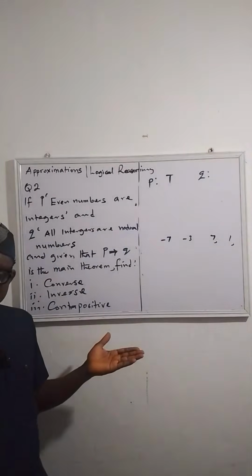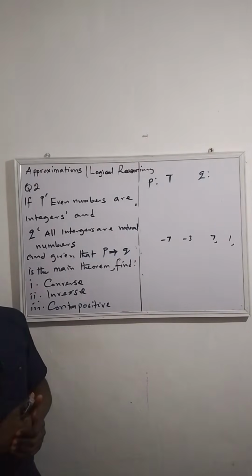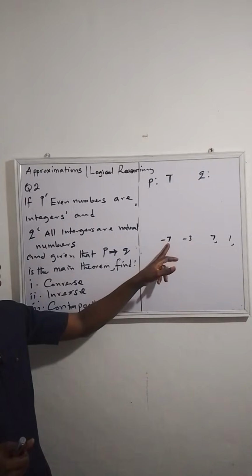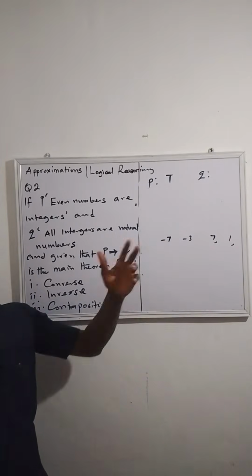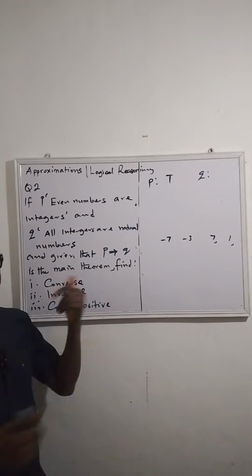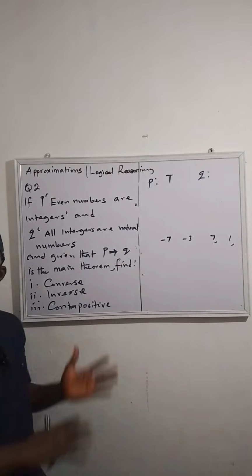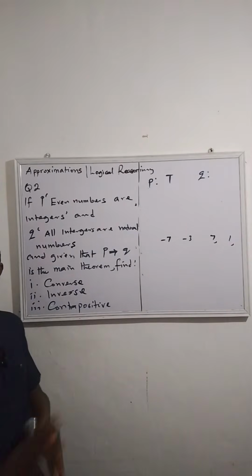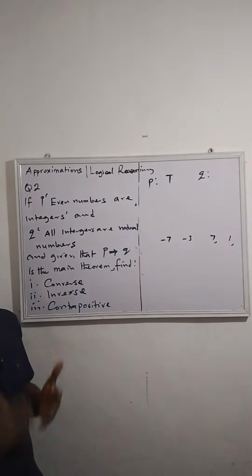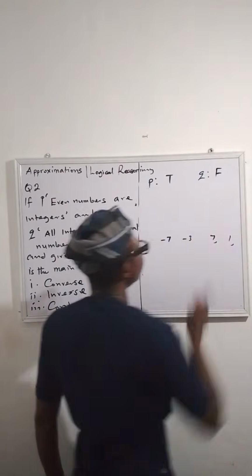Can that be true? No, that is not true, because -7, -3 and 0 are not counting numbers. They are integers, but they are not counting numbers. However, don't forget, all natural numbers are integers, but not all integers are natural numbers.